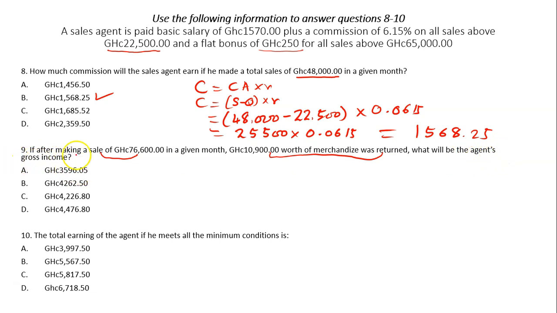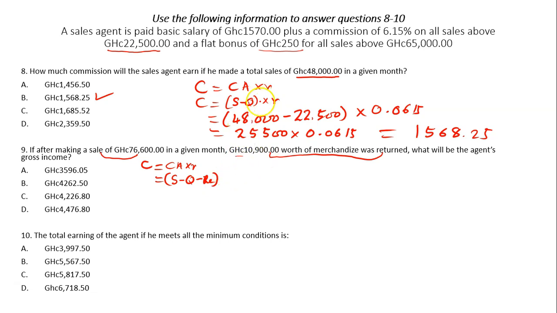Now, before we can find the agent's gross income, we need to know the agent's commission. So first, let's find his commission. Commission is equal to commission amount times rate. But in this agent's case, his commission amount should be sales minus quota minus returns. The reason is he had returns.